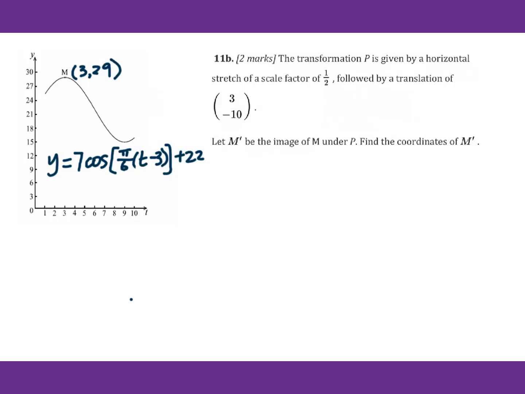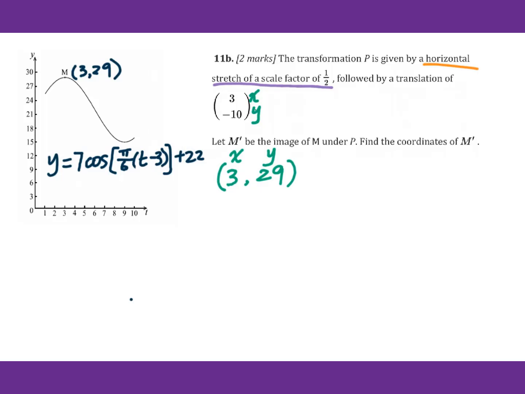For example, we know this M, the coordinate is (3, 29). The transformation P is given by a horizontal stretch of a scale factor 1 over 2, followed by a translation of (3, negative 10). Let M prime be the image of M under P. Find the coordinates of M prime. So we have (3, 29). This is your x, here's y.